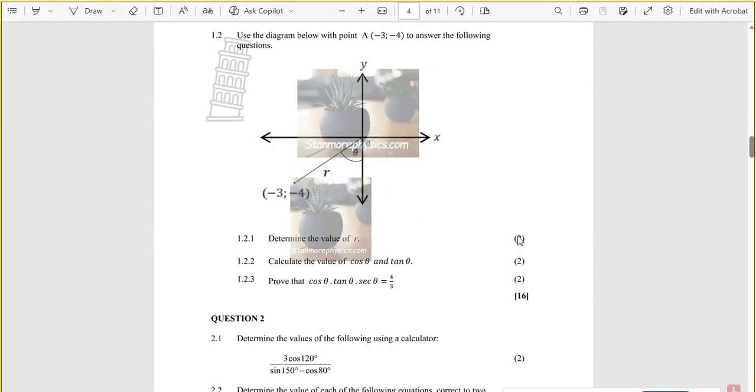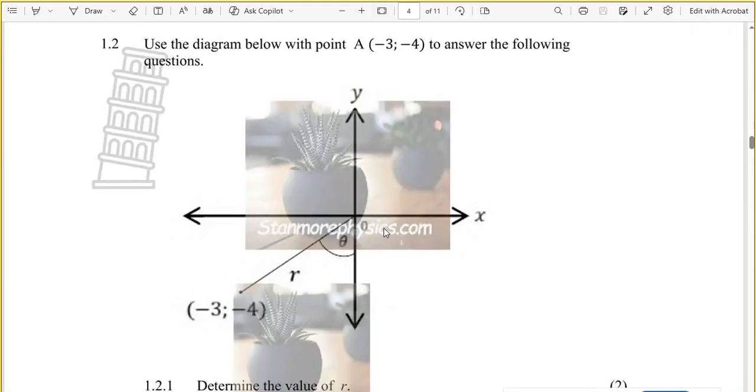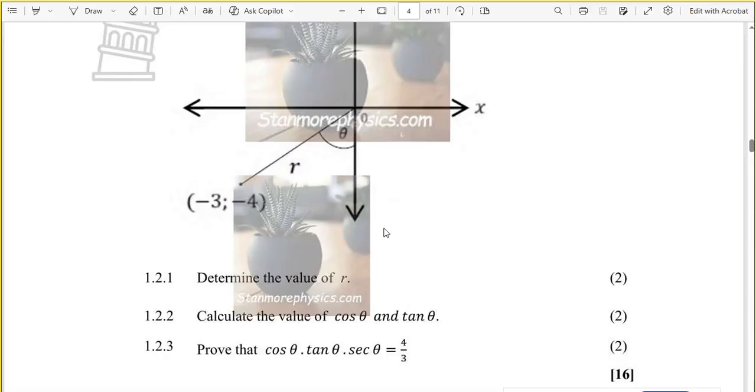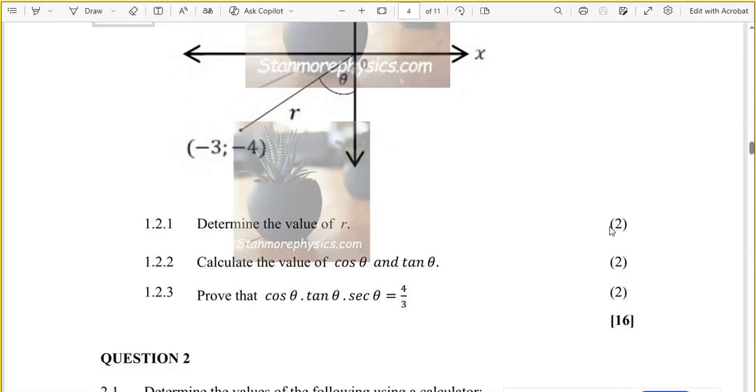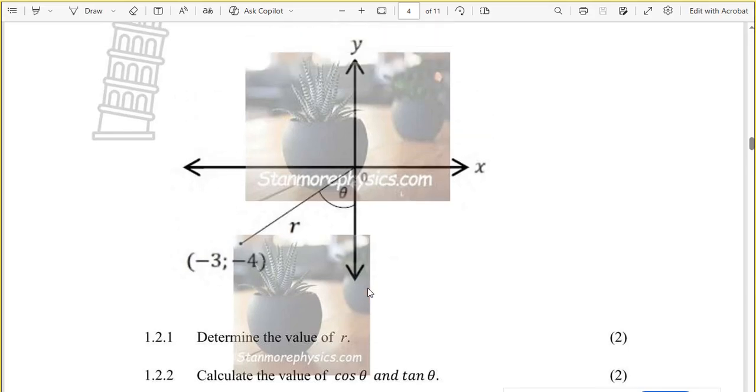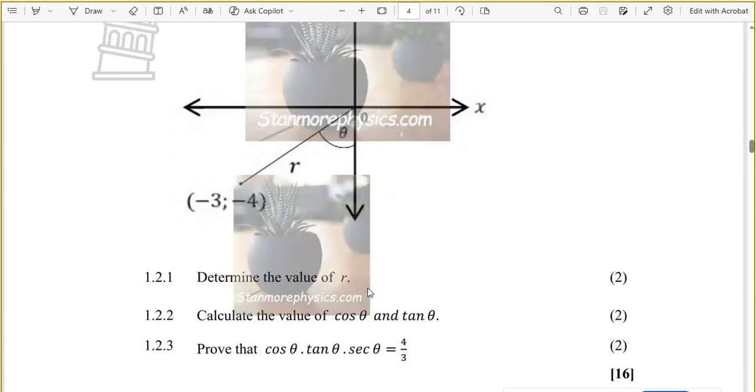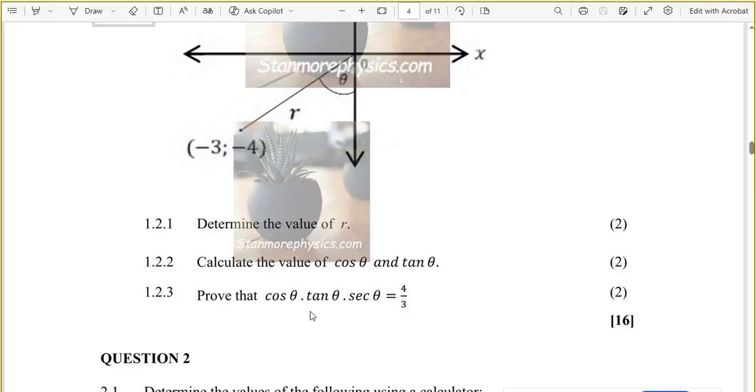You see, 2 for 6 marks, easy 6 marks. I think you'll definitely get that one. You understand how this works. They always ask the same questions. Find R, use theorem of Pythagoras to collect those 2 marks. Calculate the value of cos theta tan theta. We did this in our lesson. You remember we just did that now in the lesson.